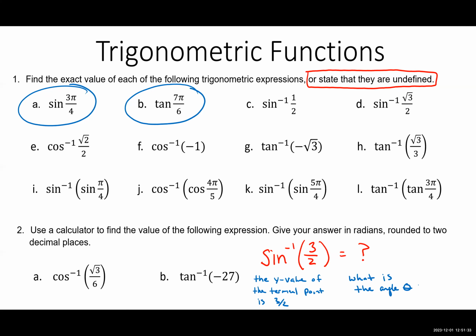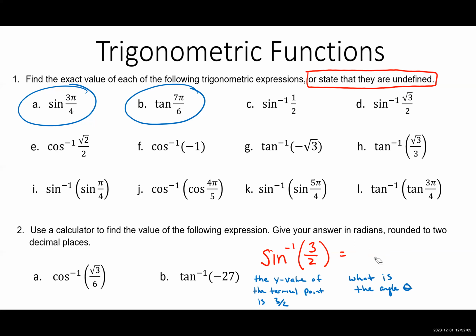Right? What angle gives you a terminal point where the y value is 3 over 2? Well, 3 over 2 is bigger than 1. It's 1.5. There are no points on the unit circle where the y value is 1.5. There are no points on the graph of the sine function where the y value is 1.5. The maximum is 1. The minimum is -1. So there are no points where the y value is 1.5.